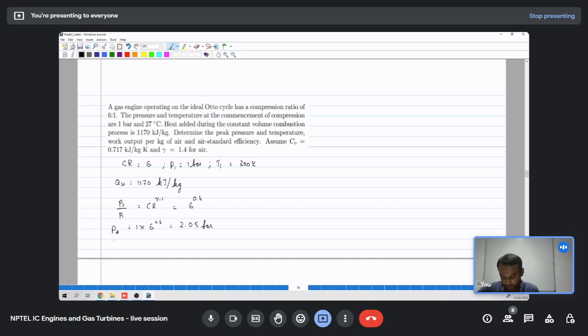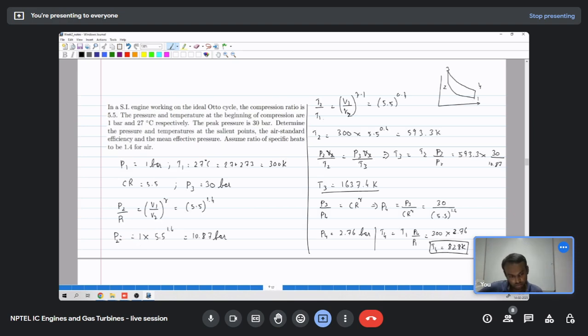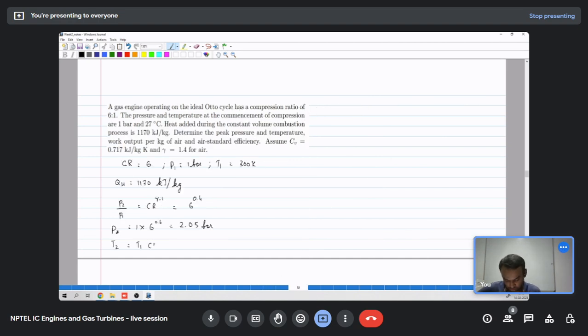Now we can calculate T2, which is T1 into compression ratio power gamma minus 1. So this is 300 into 6 power 0.4. I think here it is gamma, right?